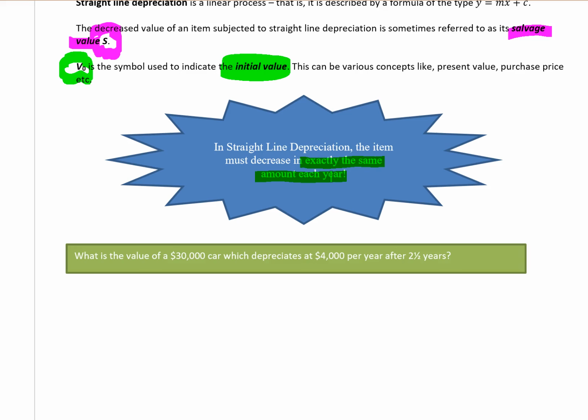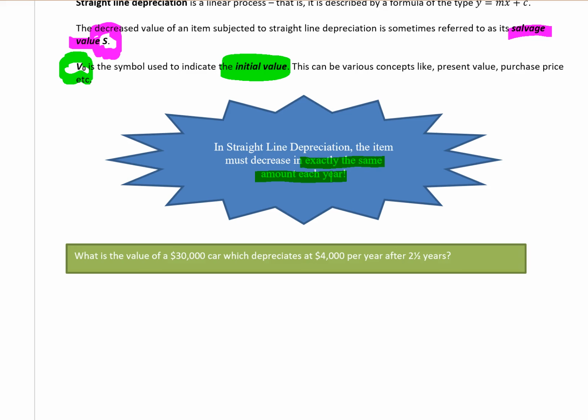For lots of items, they decrease the most in the first year, and then after that they slow down. They don't decrease in value as rapidly. But there are situations where you can consider that the decrease in value is the same every year.